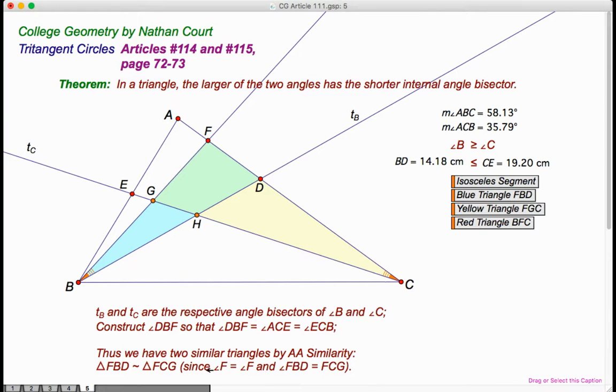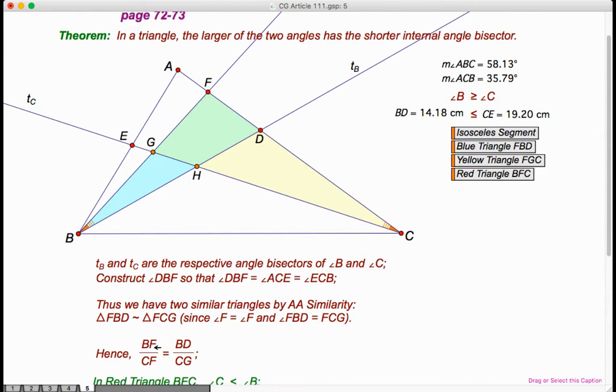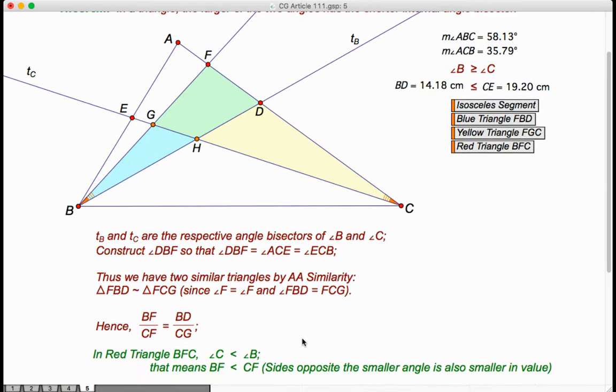And because two pairs of angles are congruent, by the AA similarity postulate, we have triangle FBD similar to triangle FCG. And with two similar triangles, we definitely have a proportion. BF is to CF as BD is to CG.